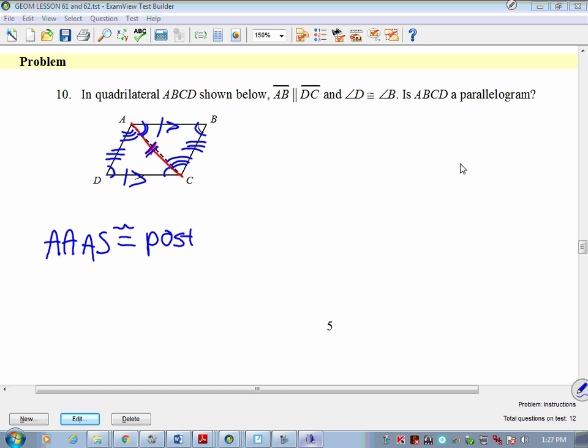Once I know that DC is both congruent and parallel to AB, then I know that this is a parallelogram. So since both pairs of opposite sides of ABCD are congruent, it is a parallelogram. You could go from a couple of different standpoints. You could show that both sets of opposite sides are congruent, or you could just show that DC is congruent to AB and parallel, and that would be enough.